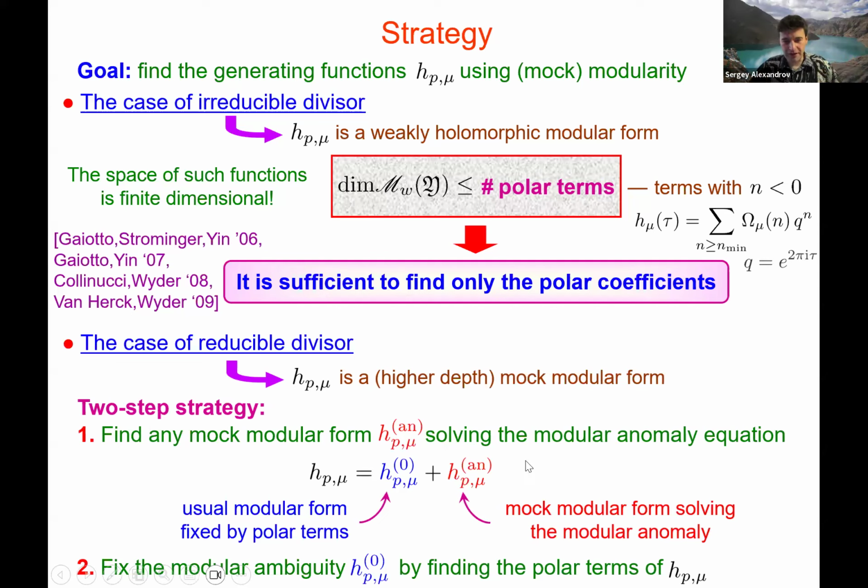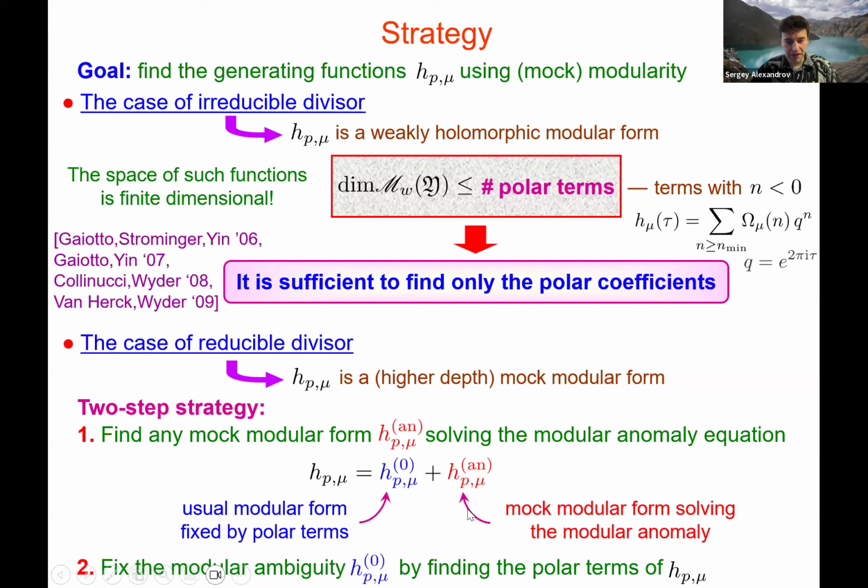If you find such a solution, then our true generating function can still differ from it by a holomorphic modular form, because if you add such a term, it will still satisfy the anomaly equation. So we have this holomorphic modular ambiguity, which we need to fix. This will be our second step.